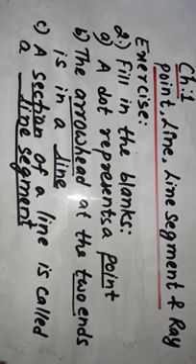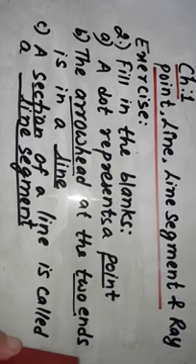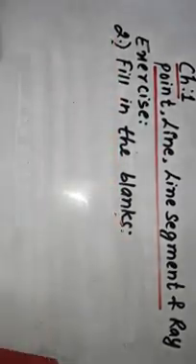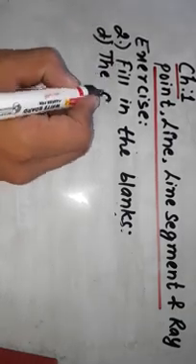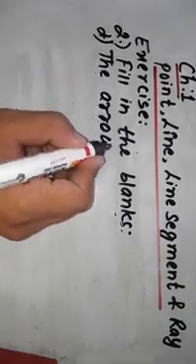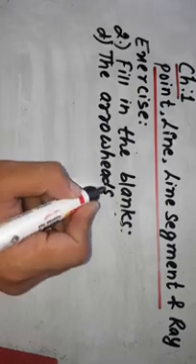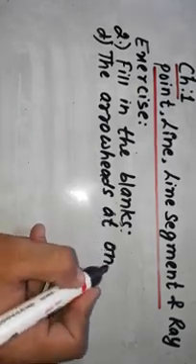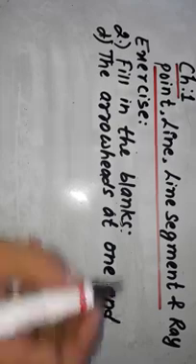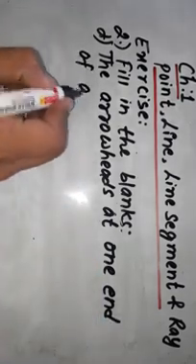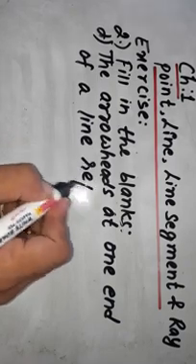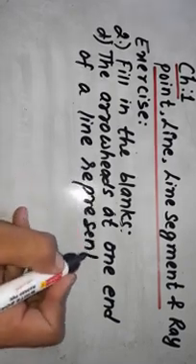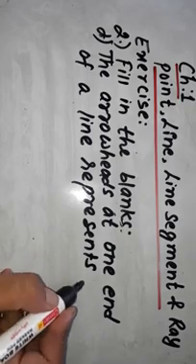So let's move towards question number D. Question number D is the arrowhead at one end of a line represents a dash.